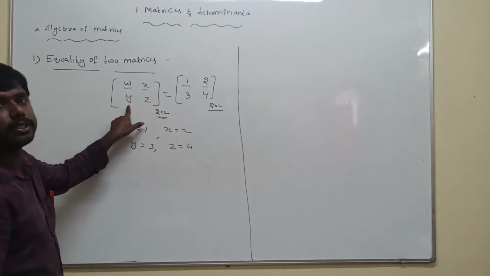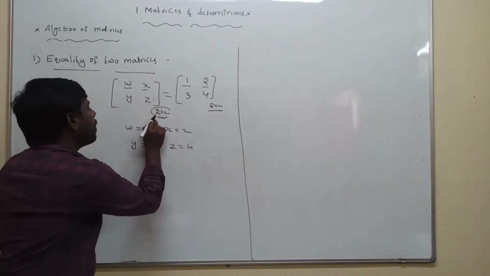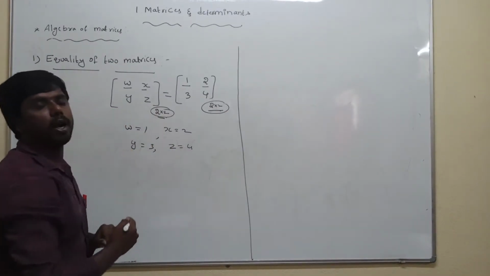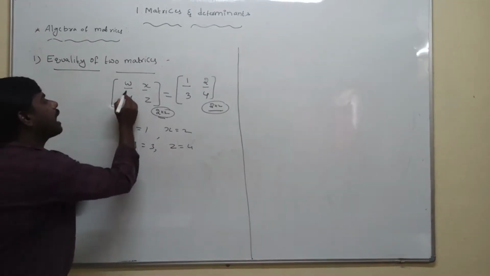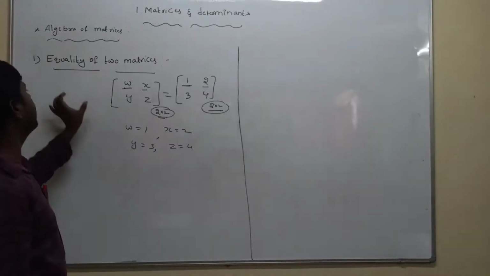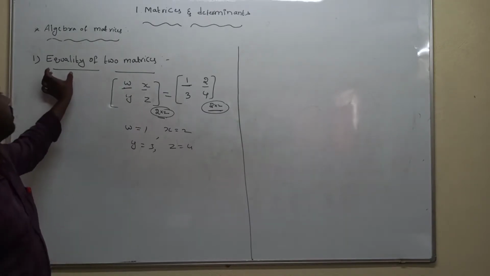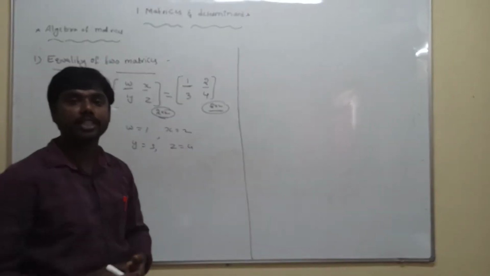Two matrices are said to be equal if both matrices have the same order and corresponding elements are equal. Everyone understood? What is the definition of the equality of two matrices?